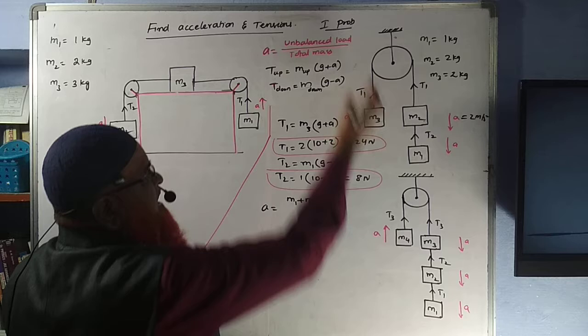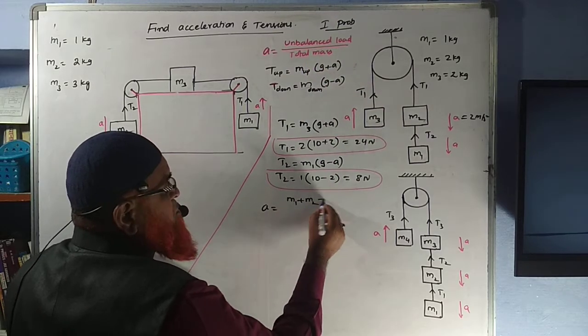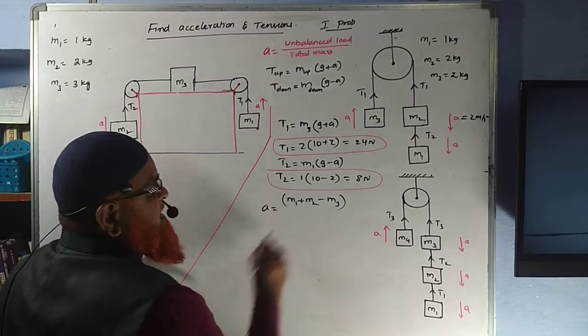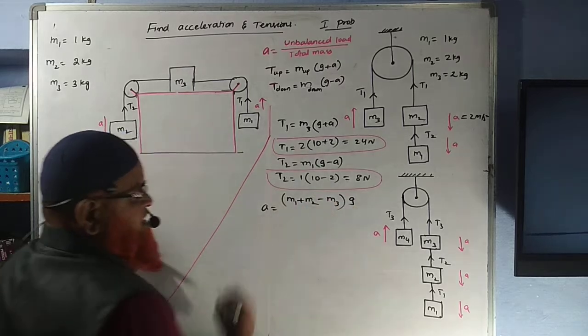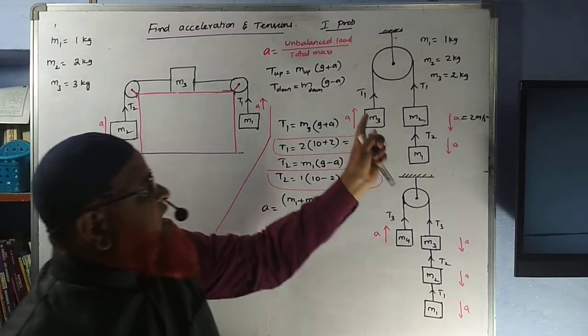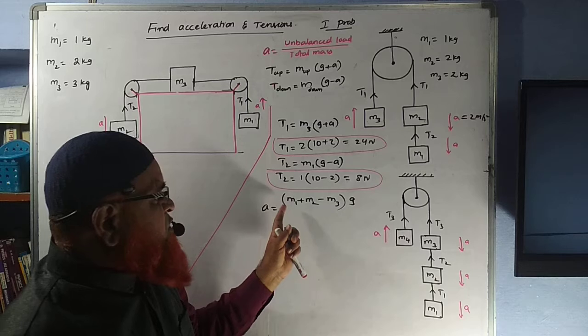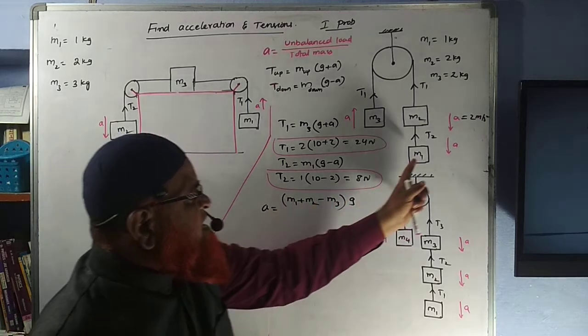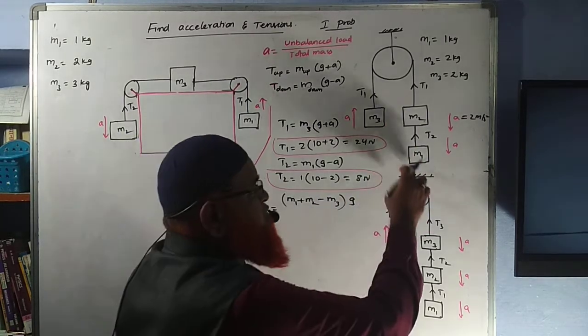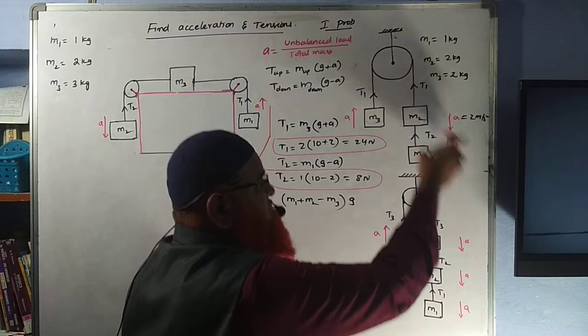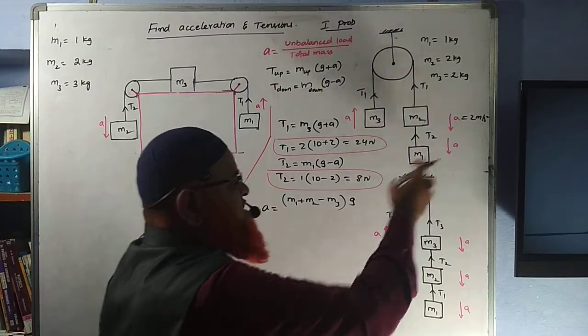The one which is moving against the earth is considered to be negative here. So it is considered as M3. So this is G you have to take anyhow, because unbalanced load is nothing but these are coming down. So M1 into G plus M2 into G minus M3 into G you have to consider.